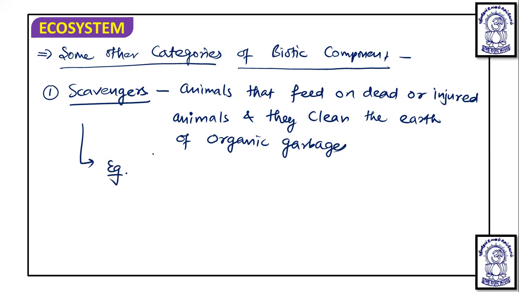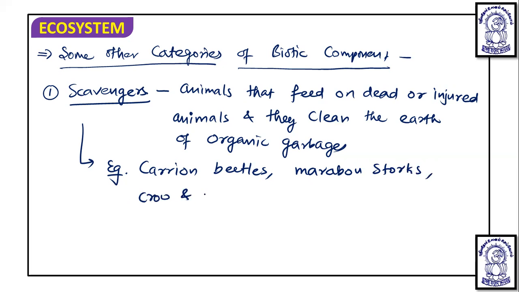Examples of scavengers, which directly eat dead and injured animals and clean the earth, are carrion beetles, marabou storks, crows, and vultures.